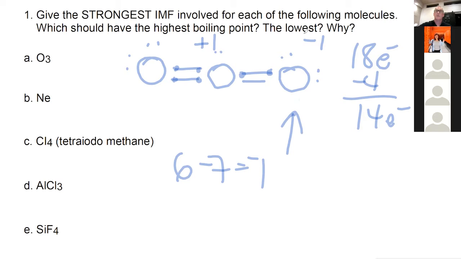So now, how many valence electrons does the oxygen on the end have? Six. Now it has 6, so that doesn't have a charge. How many valence electrons does the oxygen in the middle have?